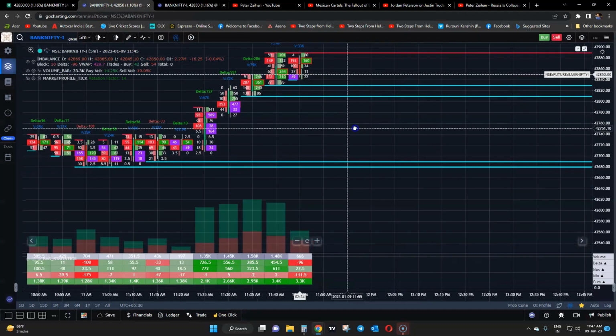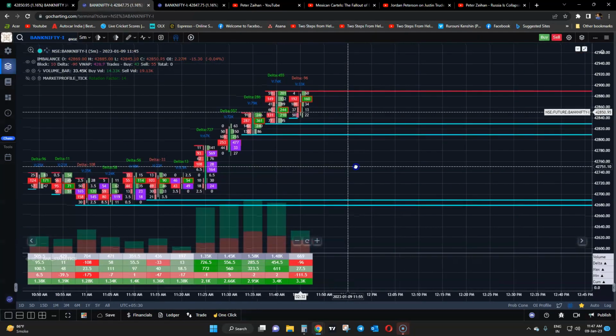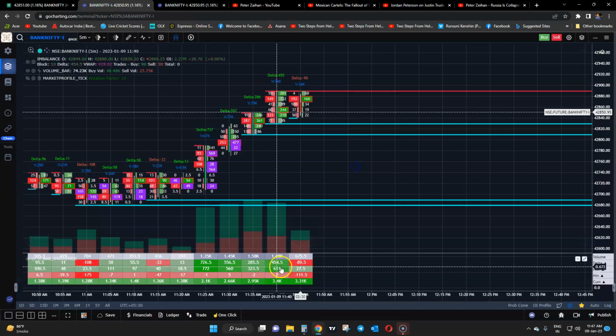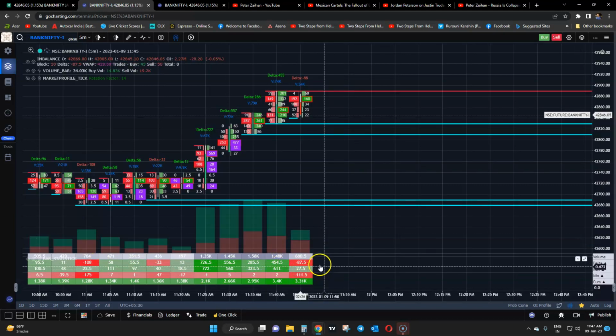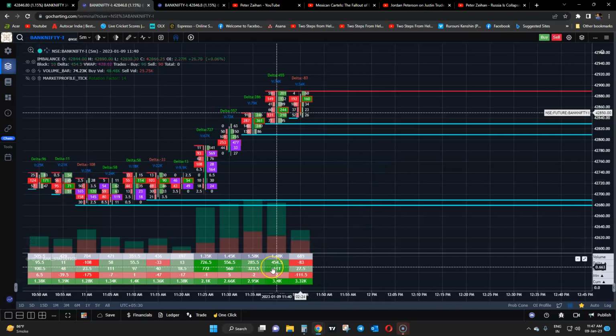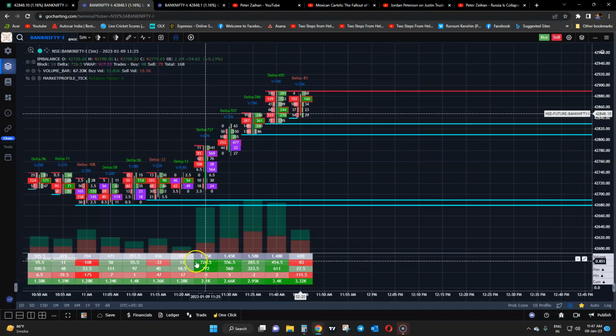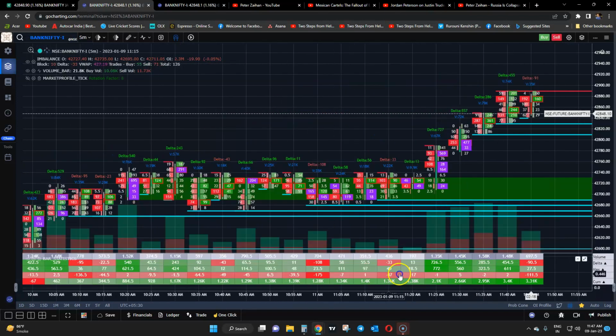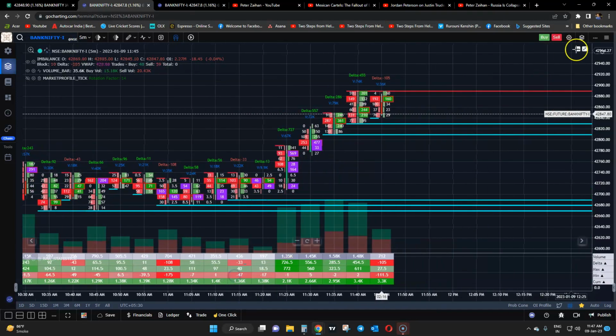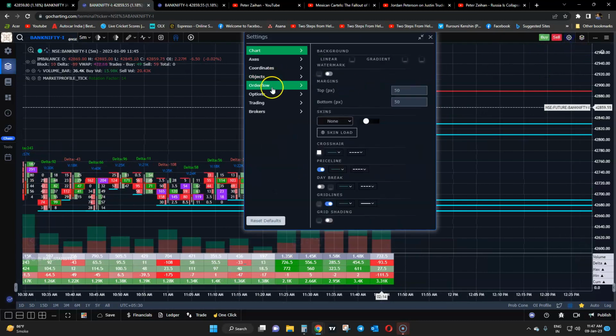What about the delta? No, look at the delta. Why is this so less? Am I doing something wrong? I think I am. I messed with the settings.